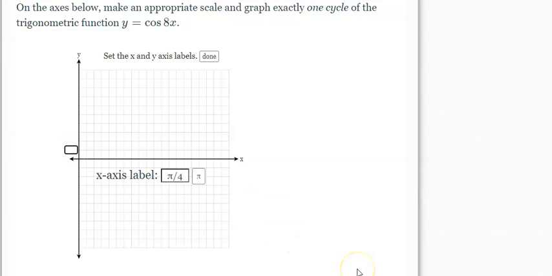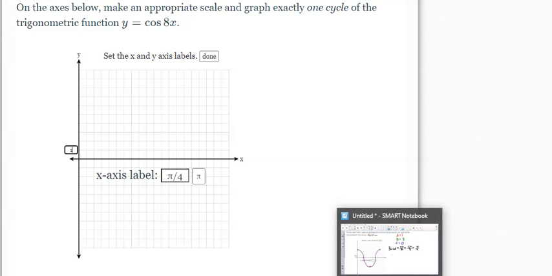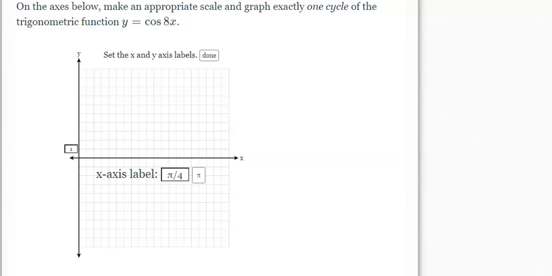As for my y-axis, it's usually safe to go ahead and just label it as 1, so that you can easily just tell that each line is a difference of 1. If you are capable of changing the differences to 2 or 4, 3 or 4, that is totally up to you. It is not specifically bound to a number. None of these are, except for probably the x-axis. That one you definitely want to label based on your period.